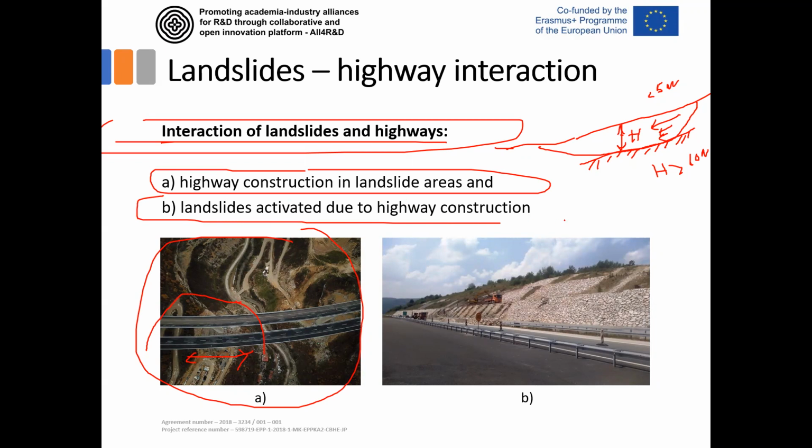Part B relates to the landslides activated due to highway construction. Like over here, in cross section we had one hill like this, and then the highway route is designed like this with some long-term slopes.